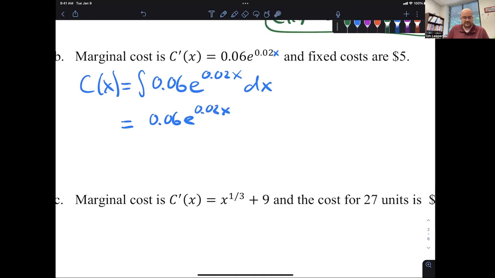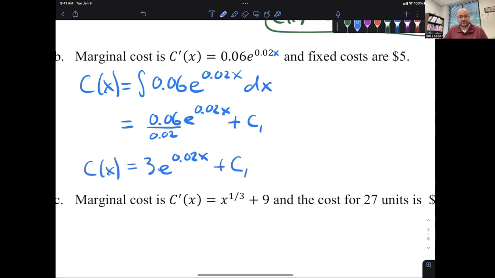And then don't forget to divide by the derivative of the exponent. So that's going to be divided by 0.02 there, plus a constant. I'm going to call that c1 again. Now, 0.06 divided by 0.02 is just 3. So that's equal to 3 e to the 0.02 x plus c1.